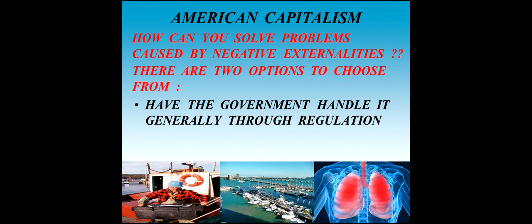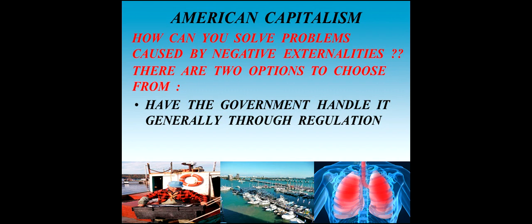Now, stop here for a second and remember something. I said that it's a guarantee that if government gets involved in any way, an externality is going to be created as a result of the government involvement. So although we have negative externalities in these two situations, if the government gets involved in trying to solve the externality, its intervention will create some other externality.